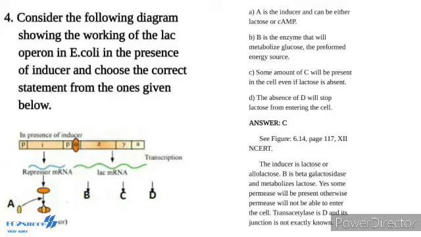The repressor of the operon is synthesized from the I gene. The repressor protein binds to the operator region of the operon and prevents RNA polymerase from transcribing the operon. In the presence of an inducer, such as lactose or allolactose, the repressor is inactivated by interaction with the inducer.